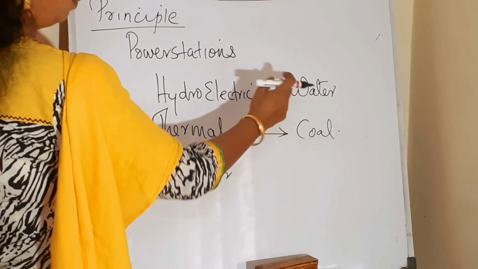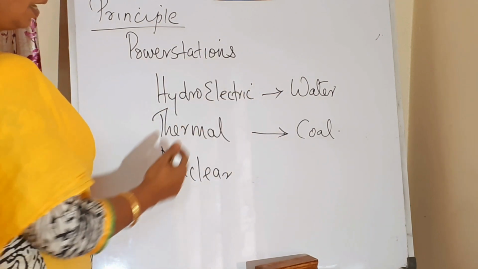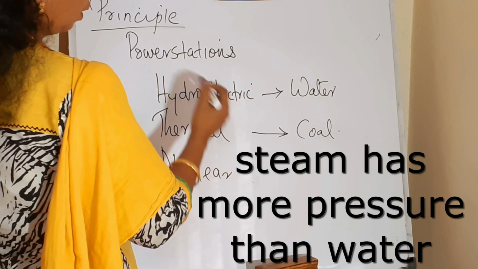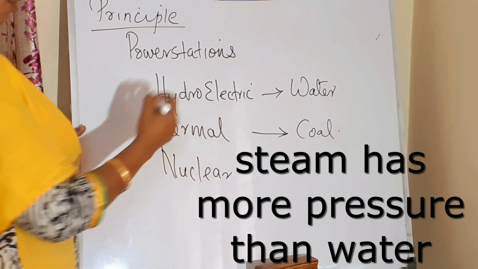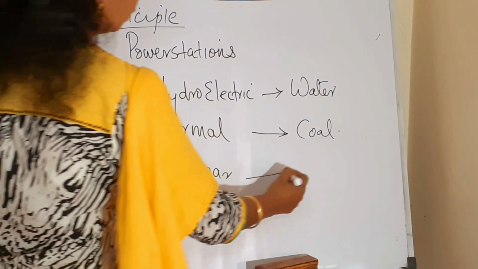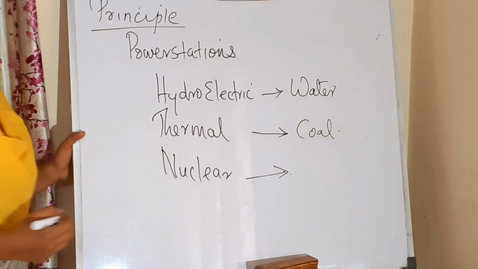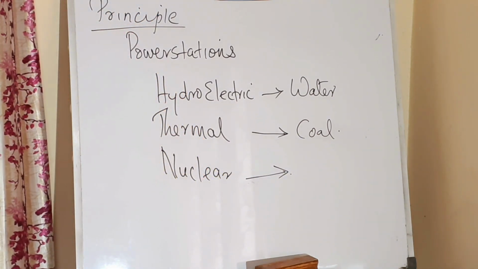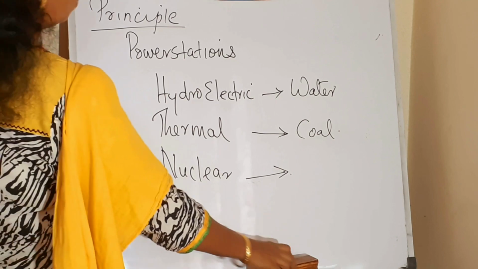Water is boiled to a very high temperature and then the steam produced by the boiling of water is used to rotate the turbine. And a nuclear power station uses nuclear force. So these are the different types of power stations.